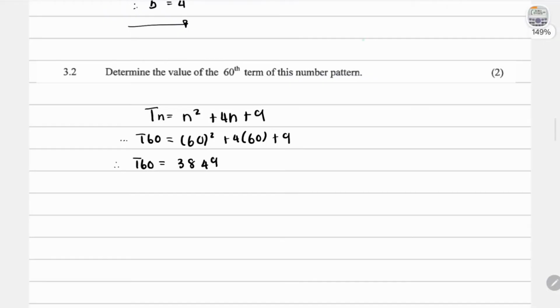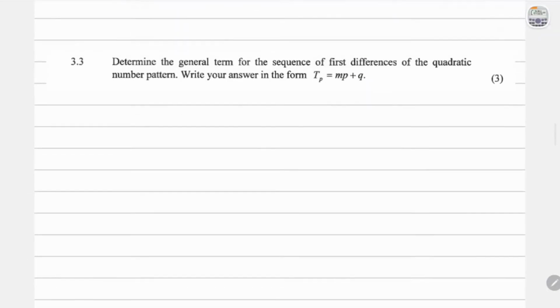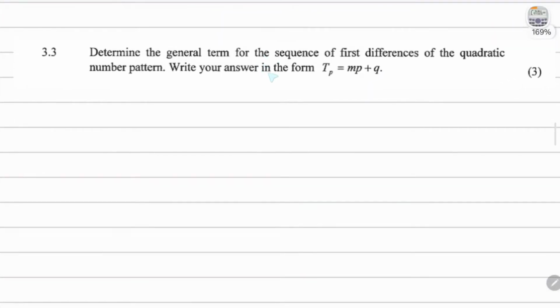Okay, moving on to the next question. Question 3.3 says, determine the general term of the sequence of first differences. So we're trying to find the general term of the sequence of the first differences of this quadratic number pattern. Write your answer in the form of Tp equals mp plus q.